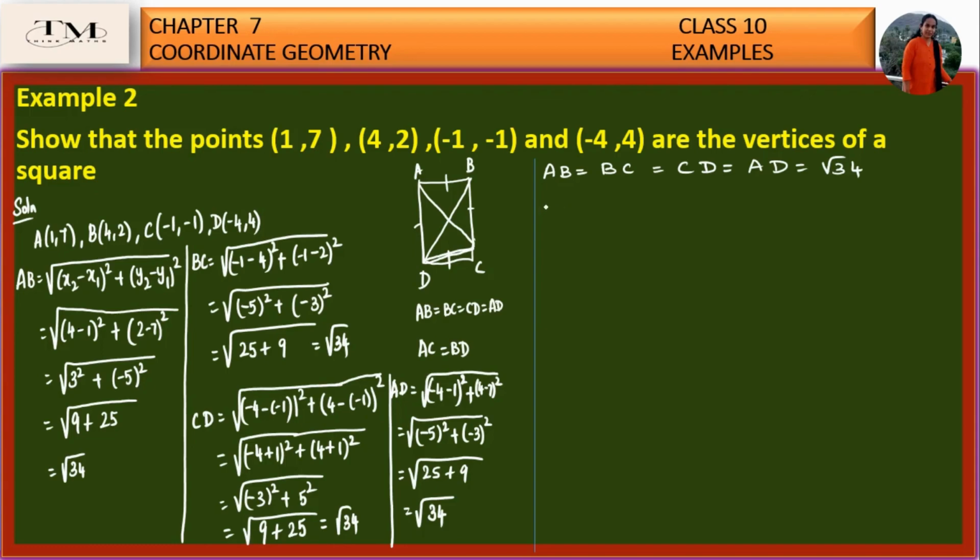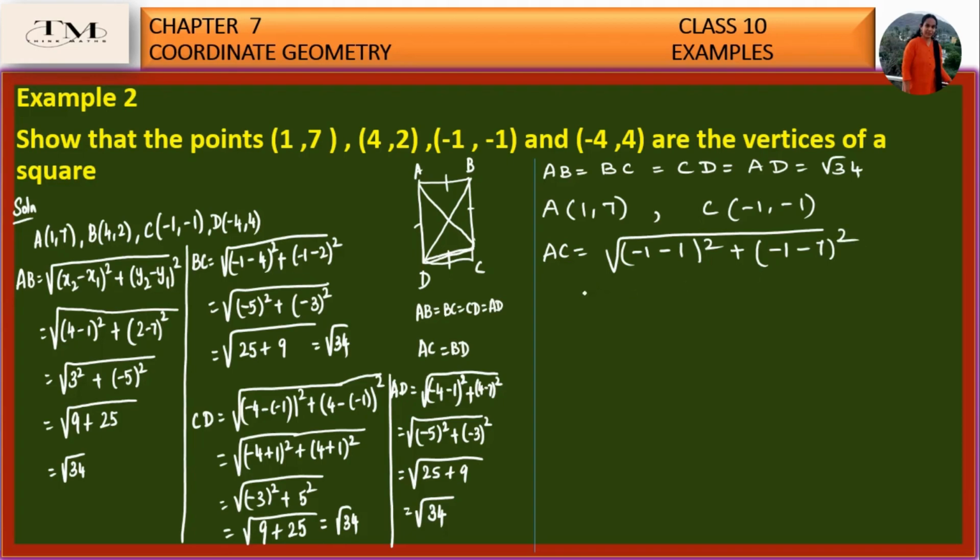So for checking AC, we have to take the coordinates A (1, 7) and C (minus 1, minus 1). So AC is equal to square root of (x2 minus x1) whole square plus (y2 minus y1) whole square. So x2 is minus 1 minus x1 is 1, y2 is minus 1 minus y1 is 7.